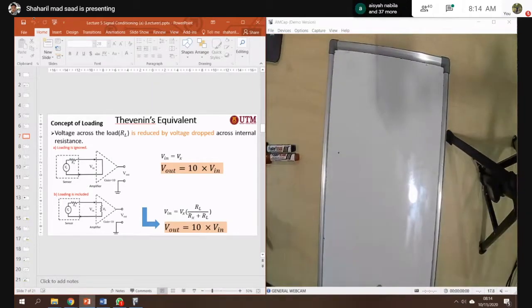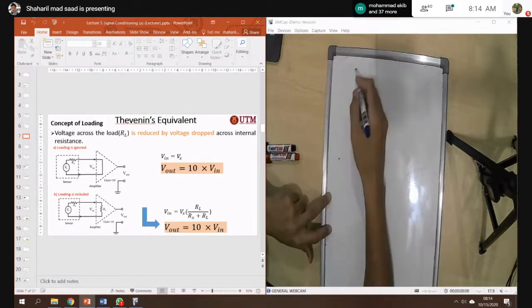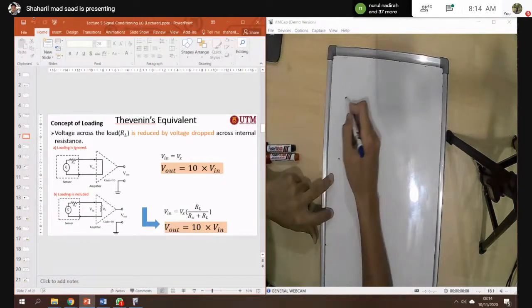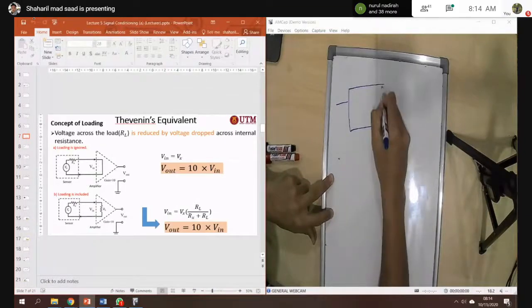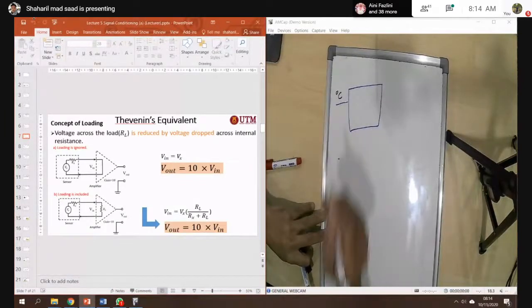Okay, so now when you have the signal conditioning, you have the transducer. So actually your transducer, let's say I try this one. Okay, this is your transducer. So your transducer, let's say, detects the degree.